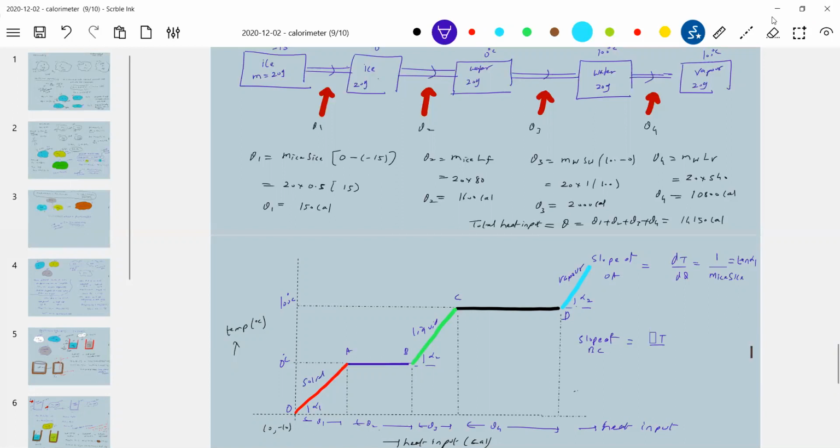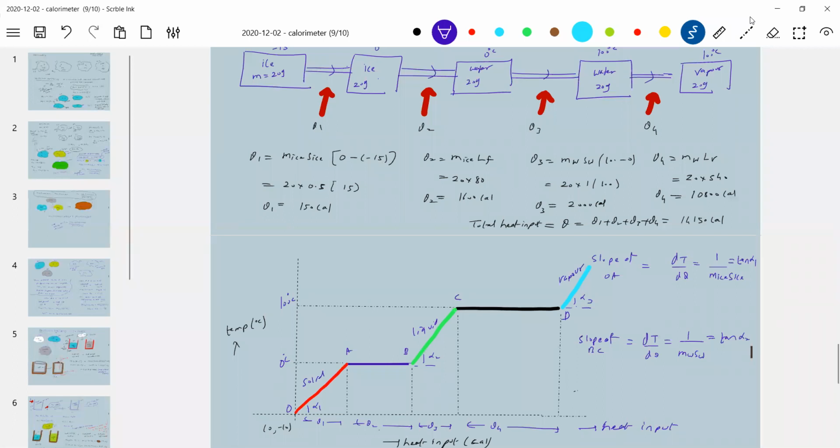It's also dT by dQ. Similarly, you can go for the vapors. Oh, vapors, okay, we'll discuss later on.